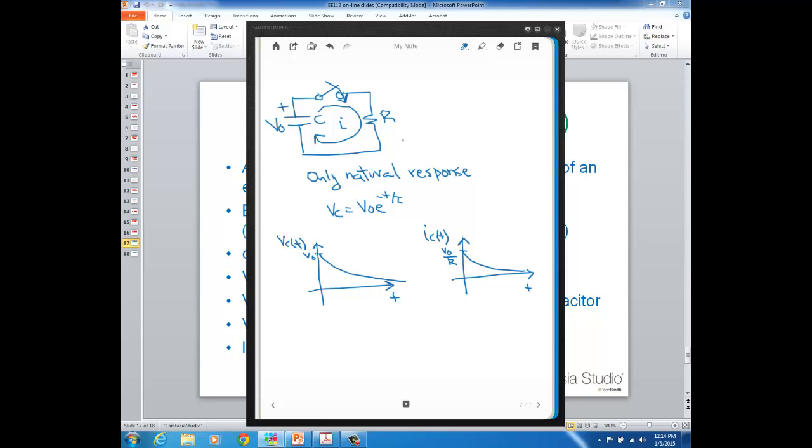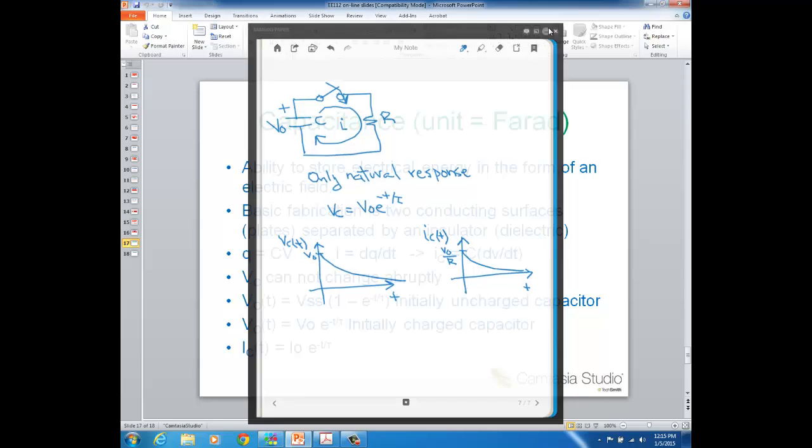Here, since we don't have a source, we only have the capacitor and only stored energy, so only a natural response, which, if you look back at the derivation earlier, was the decaying exponential. So when a capacitor discharges, both its voltage and its current decrease exponentially.